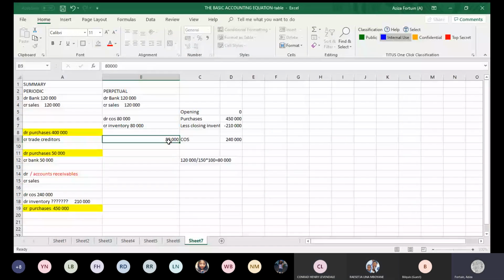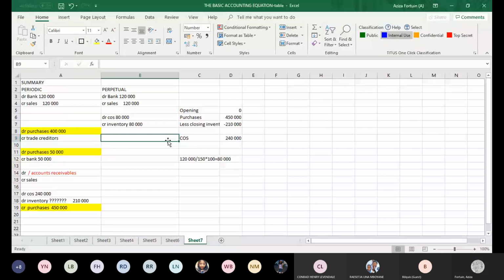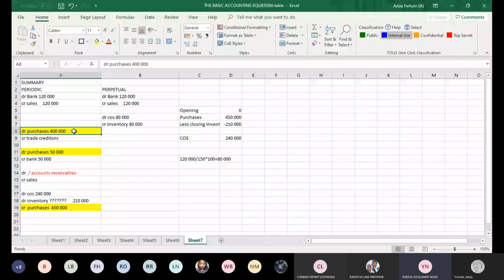All right. So let's look at the next one. Let's look at the 400,000. They purchased merchandise on credit. Yes. So remember, we are working with two methods here. We have the periodic and we have the perpetual.